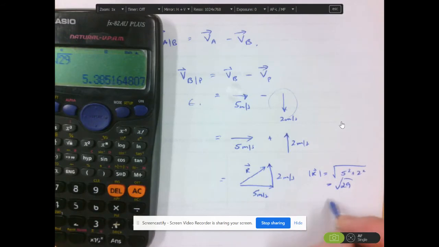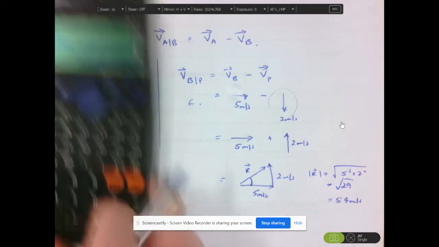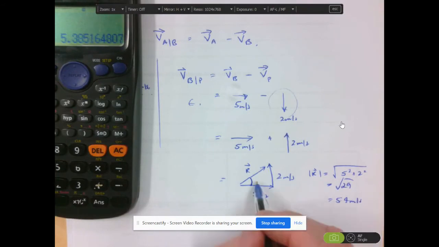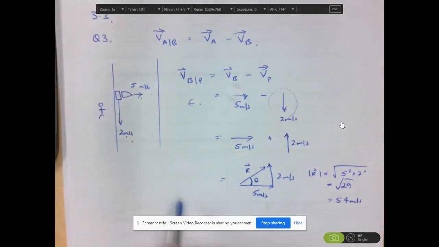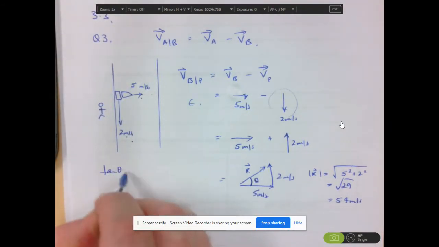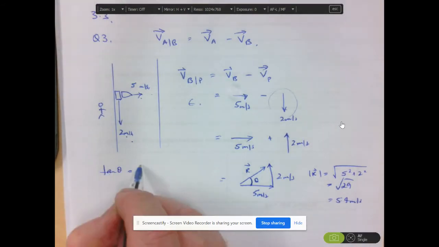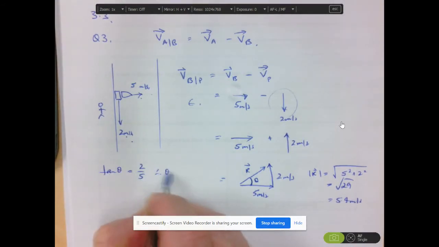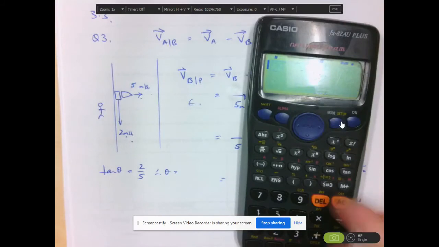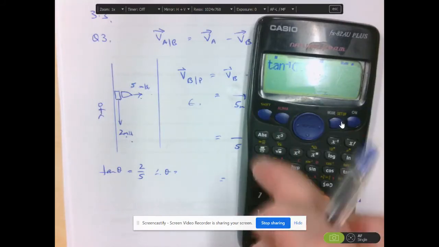Which is 5.4 meters per second. And it would be at this angle there towards the horizon. So working out theta, tan theta would equal 2/5. That would give us theta equaling inverse tan of 2/5.